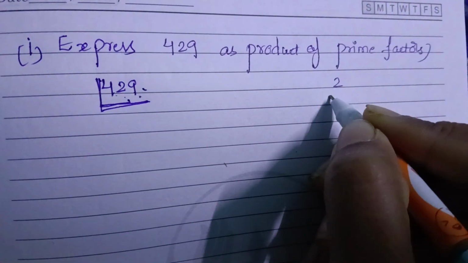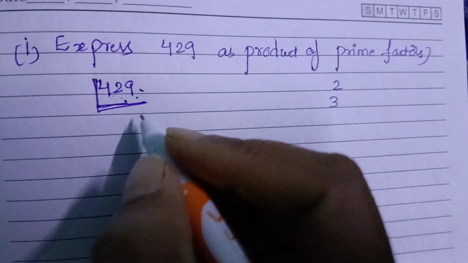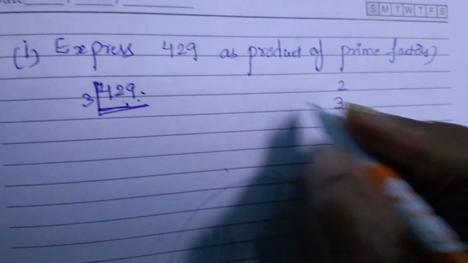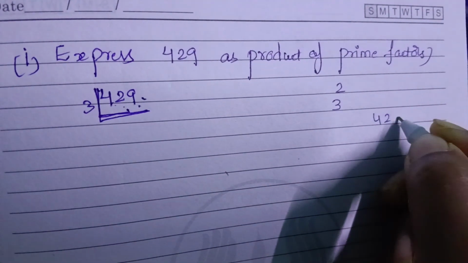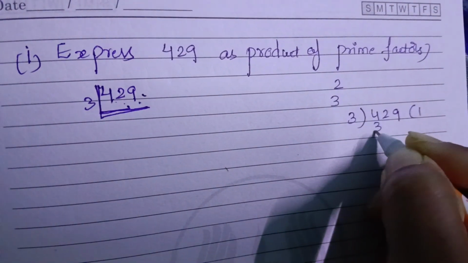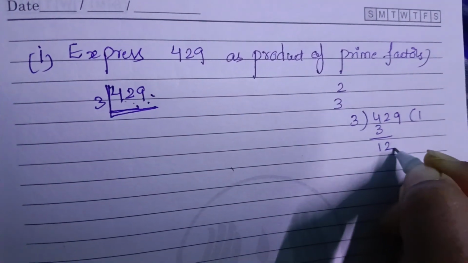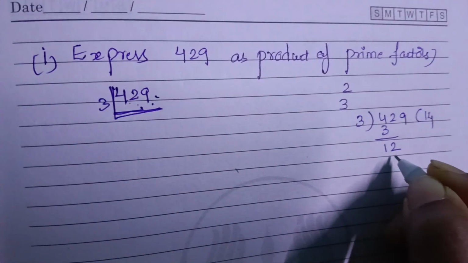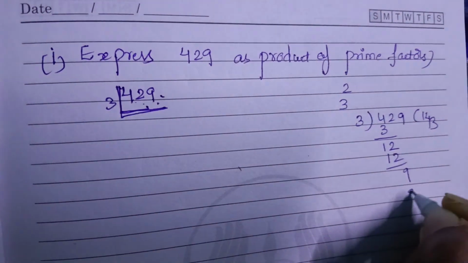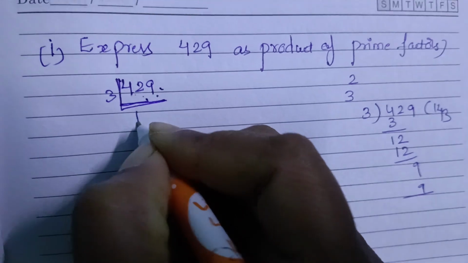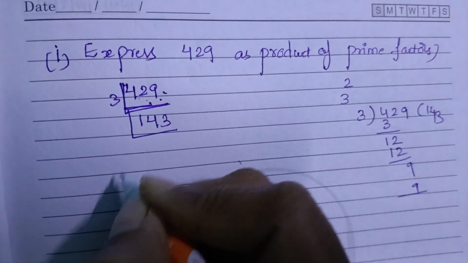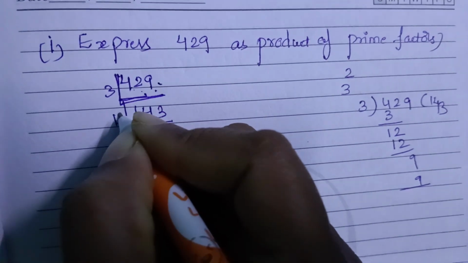So the next least prime number is 3, right? 3 ones are 3, then 12, 3 fours are 12, again 9, 3 threes are 9, right? How many times 3? 143 times.